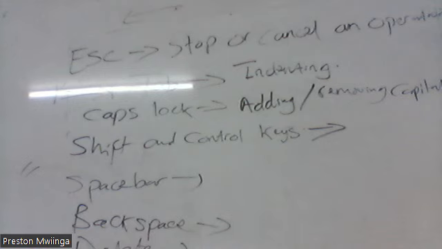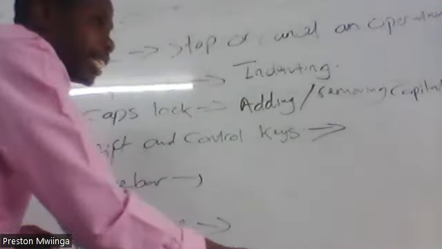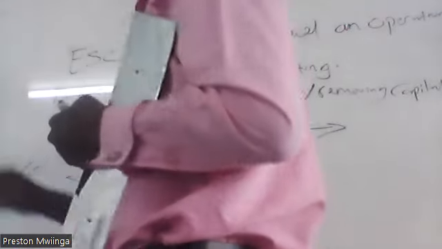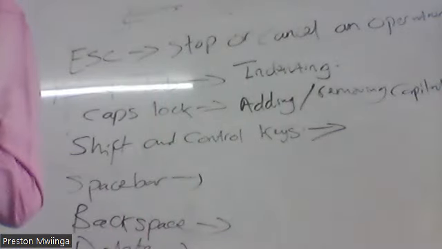So the backspace key deletes from the right to the left, and the delete key deletes from what? Left to the right. So don't keep mistaking them.